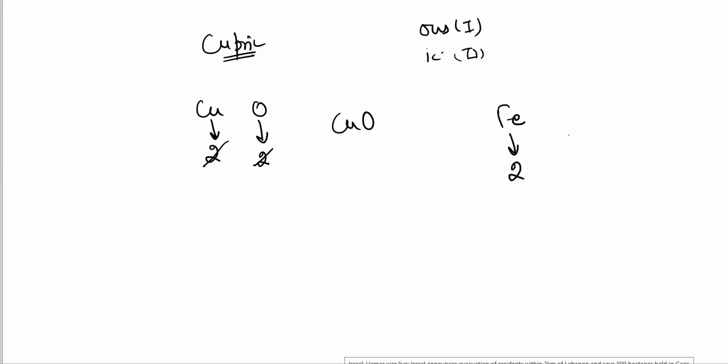So it has 2 and oxide is also going to have 2. Then they will cancel out each other. The formula will be FeO. So this is the formula for ferrous oxide, and this is the formula for cupric oxide. So ic in copper is 2, but ous in iron is 2. Okay. Understood? Noted?